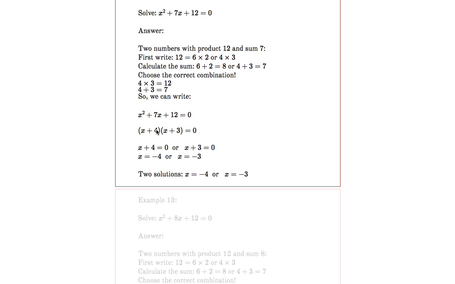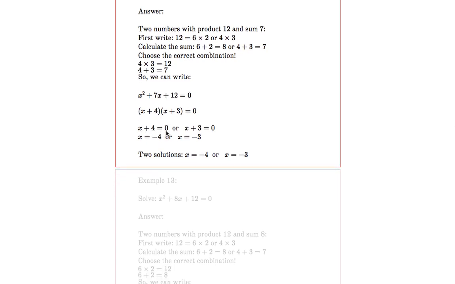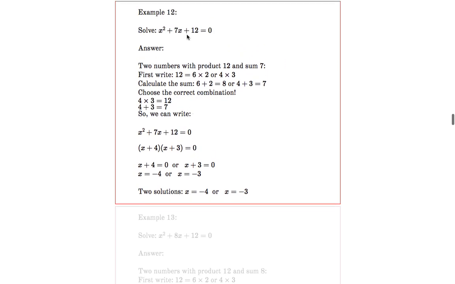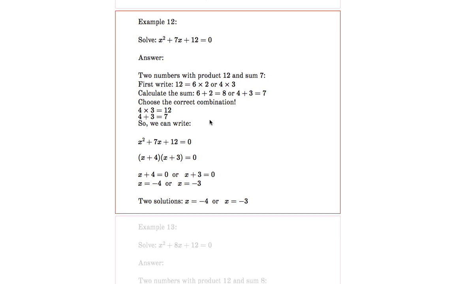So we put the 4 here and the 3 here, and then x plus 4 is 0, so x is minus 4, or x plus 3 is 0, so x is minus 3. So we have two solutions found with the product sum rule, and of course you can use the ABC formula, but in this case it's just easier to use the sum product rule.